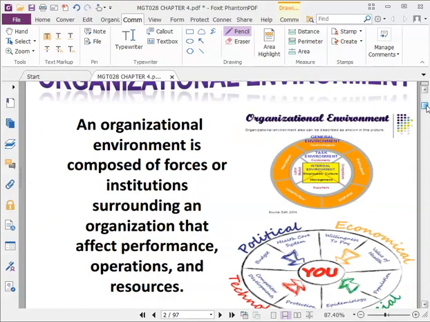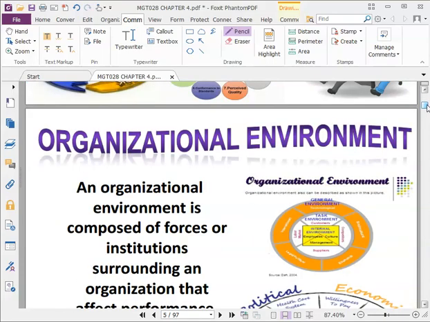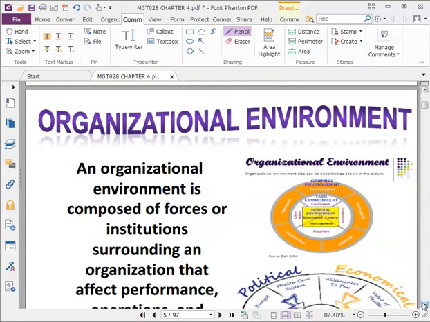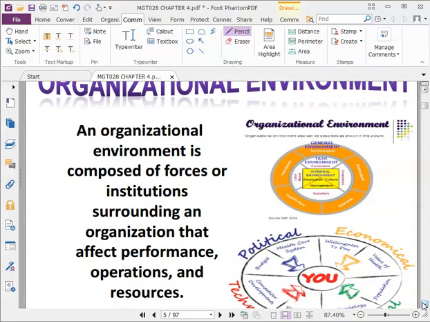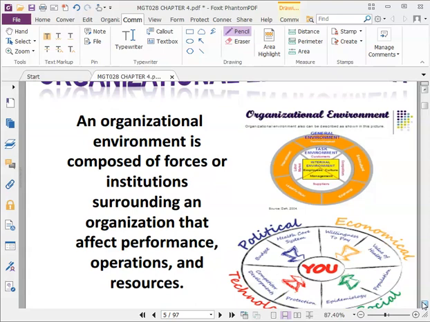So let's look at what is organizational environment. Organizational environment is composed of process or institutions surrounding an organization that affect performance, operation, and resources.